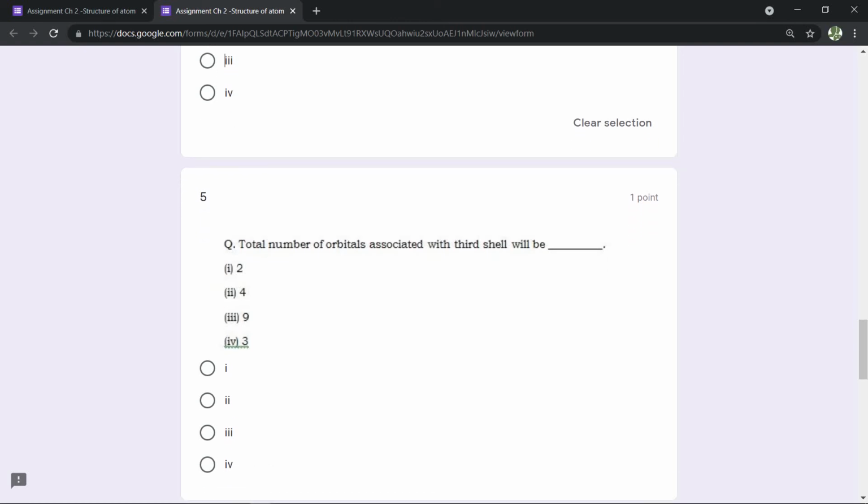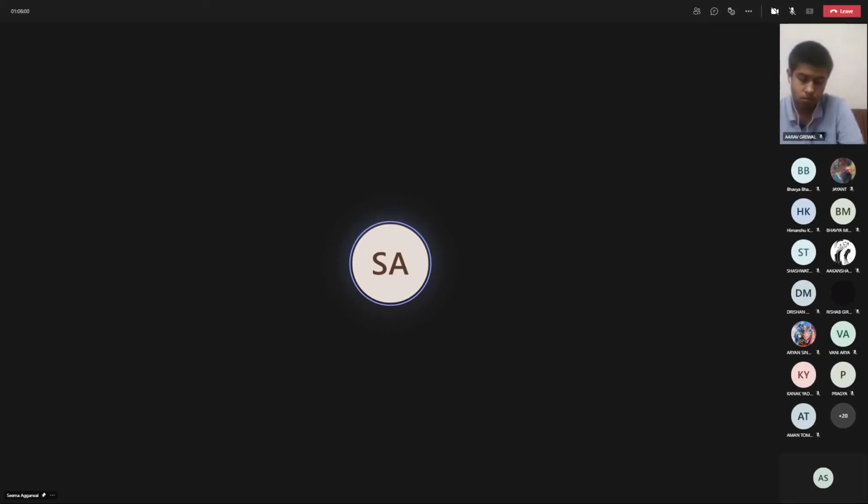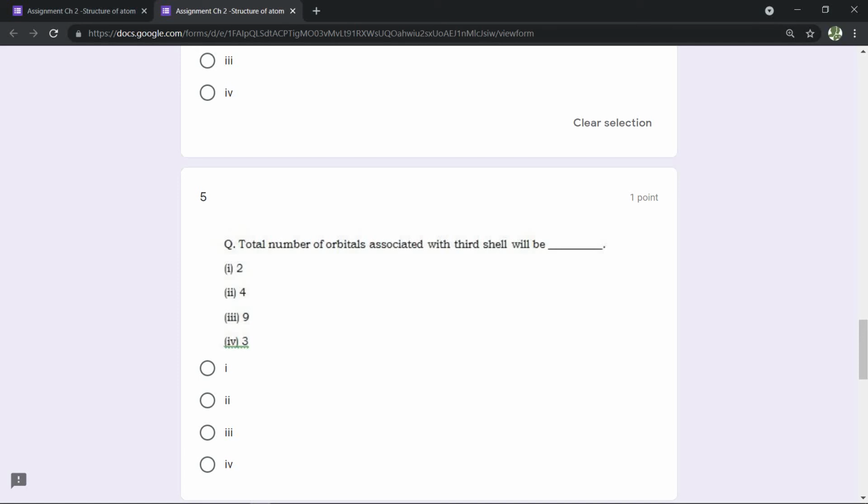Total number of orbitals. What is the formula for orbitals? n square. The number of electrons is 2n square, and the formula for orbitals is n square. 3 square means 9. n equal to 3 means 3s, 3p and 3d. s orbital 1, p orbitals 3 and d orbitals 5. So 1 plus 3 plus 5 means 9.